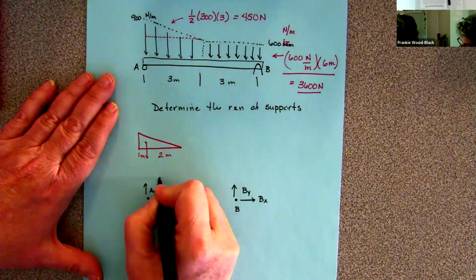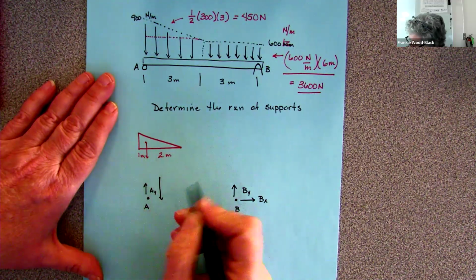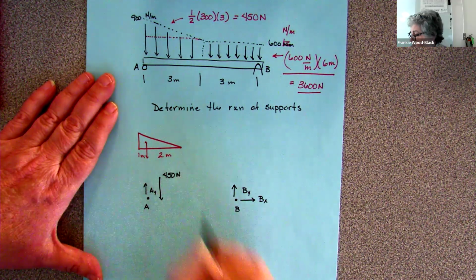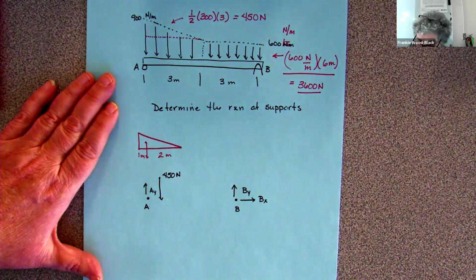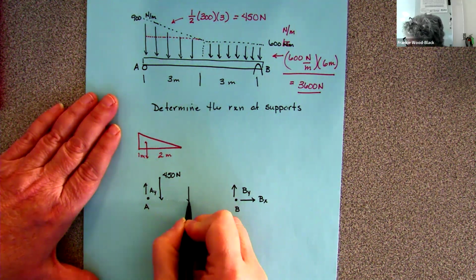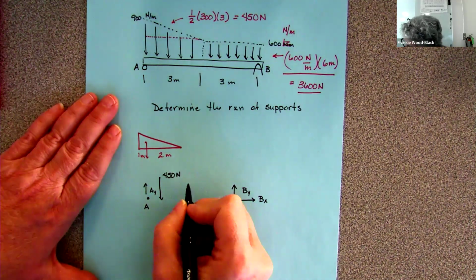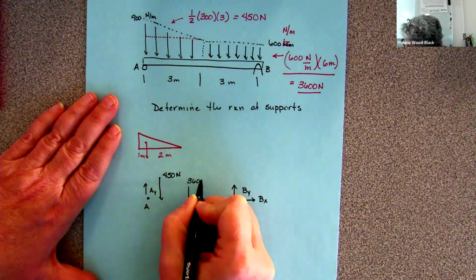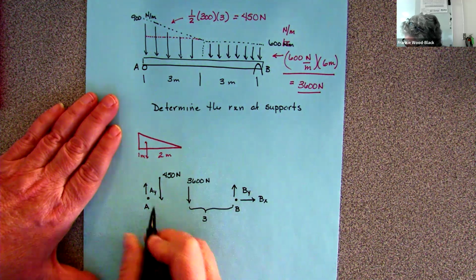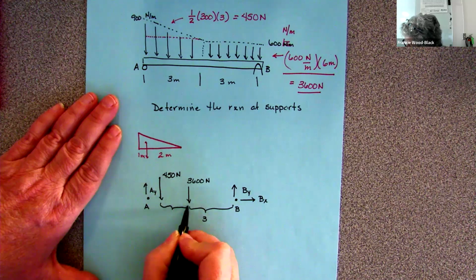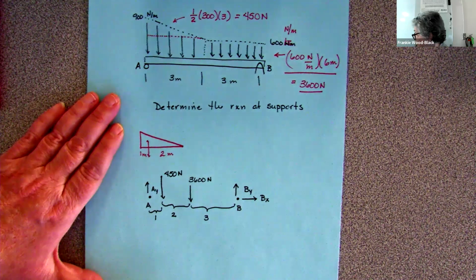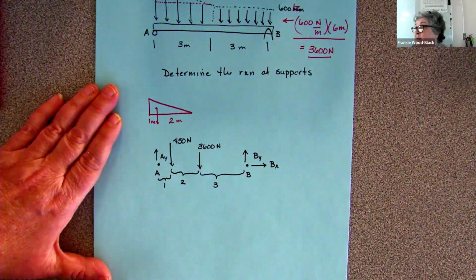I now have this one, which is my 450 Newton load that's going down, and then I have my other one that's going down, the 3600. This one is at 3, this one is at 2, and this is at 1. I drew that so I have my drawing in the right place.